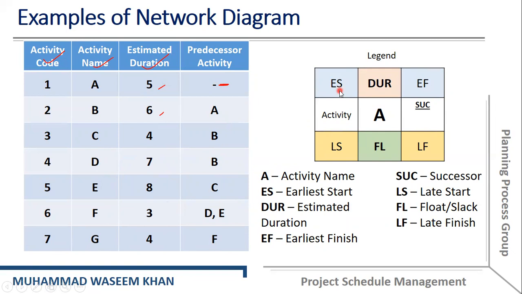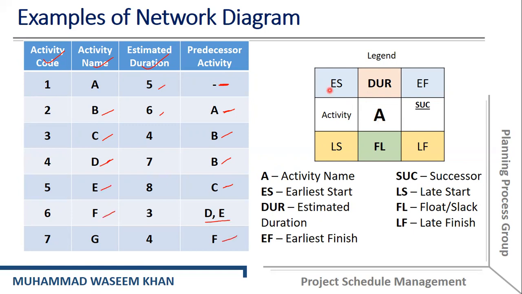So this is a node. This is an activity node. You can draw an activity node of different kinds. Like this is one kind of activity node. You can draw any particular shape of an activity. So here in this legend, you can see that the center represents the activity.